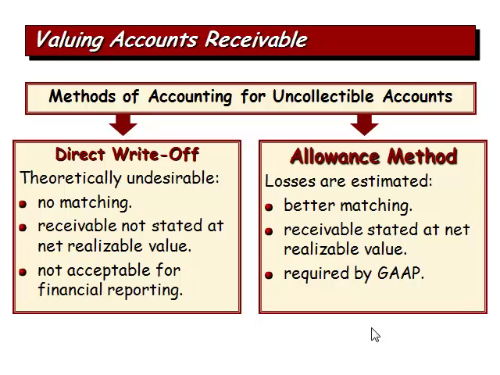So we must use an allowance method. Losses are estimated. It provides better matching. Hopefully we match the expected losses in the period we generated revenue. They're stated at a better guess of net realizable value, and it's required by generally accepted accounting principles.